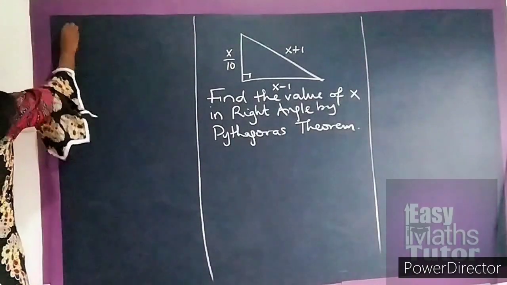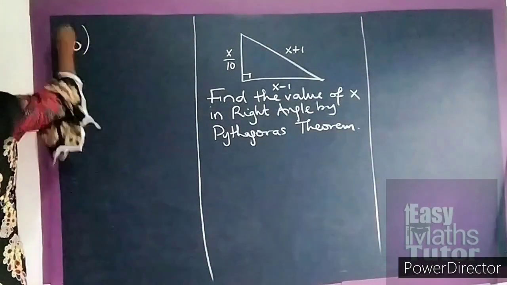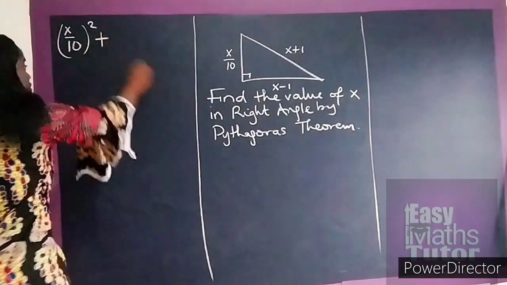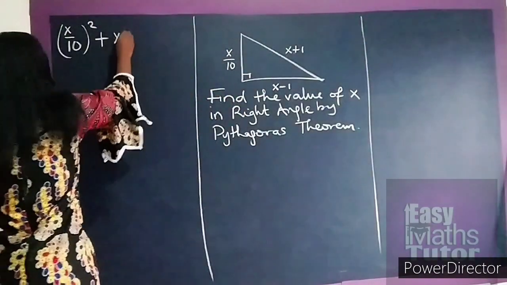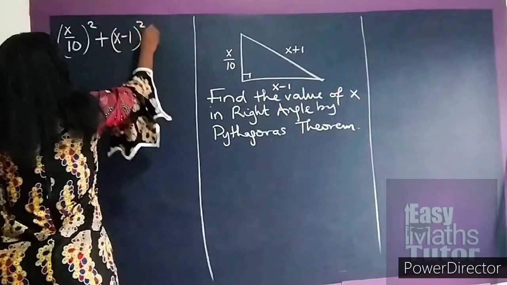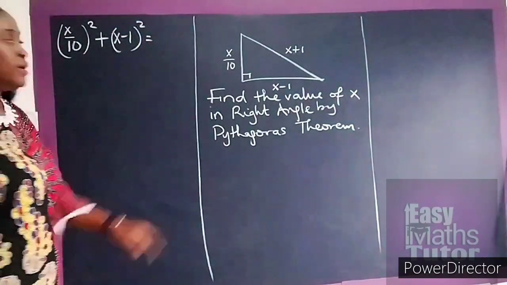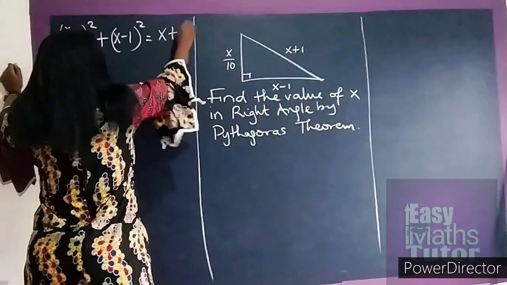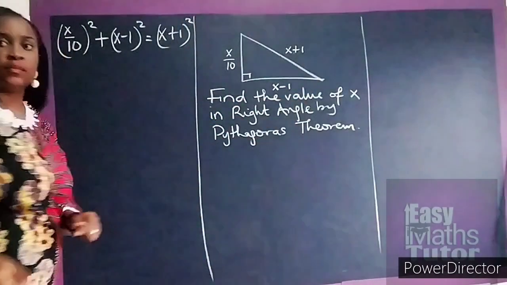So we say x over 10 squared, plus x minus 1 squared, is equal to x plus 1 squared.